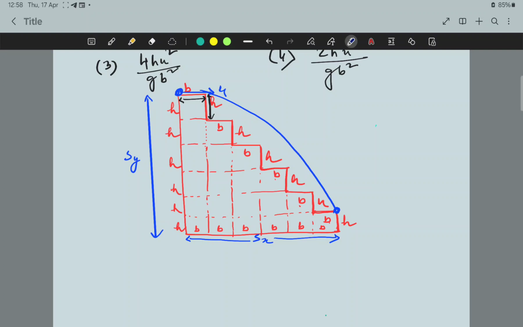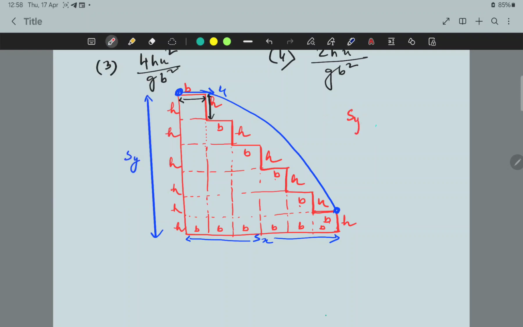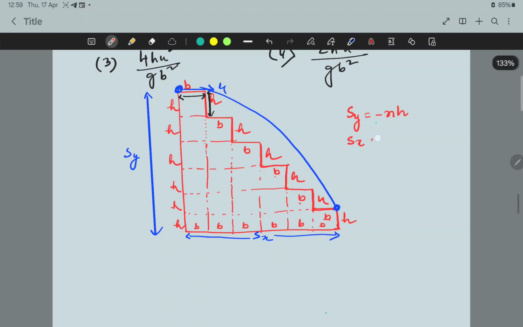And similarly, in the y distance, that many h will be added to get the height of the staircase. That is, sy will be given by nh, and I am putting a minus because from top to bottom we are taking the distance, that is why the negative sign. And for sx it will be nb, where n is equal to the number of steps.